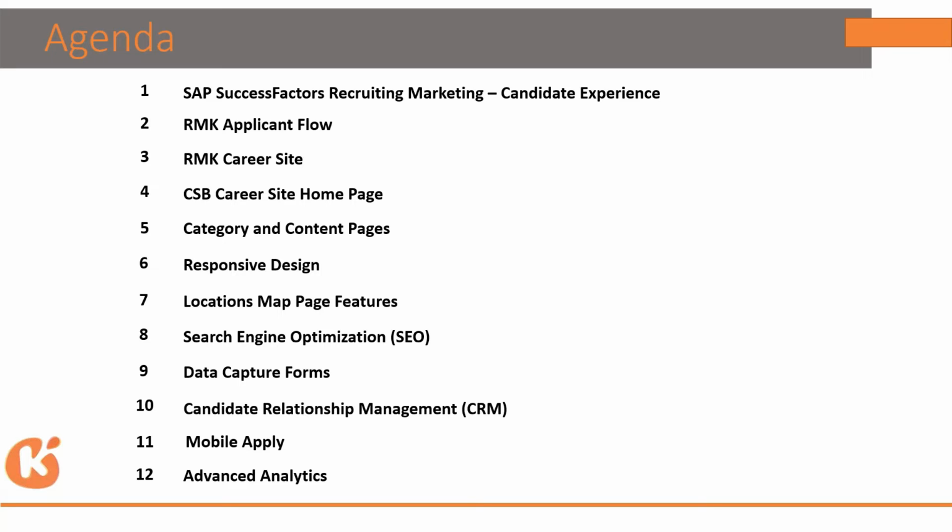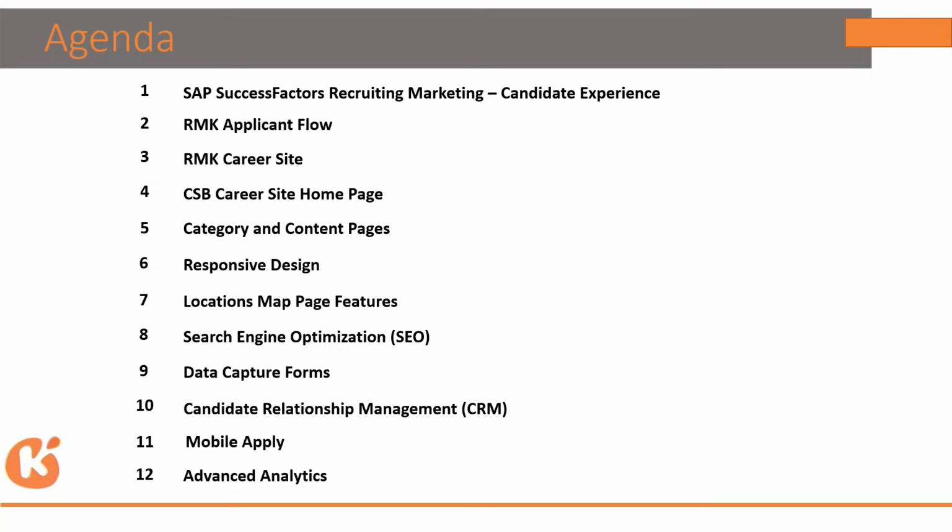We will also know the RMK applicant flow, the RMK career site, then the CSB career site homepage, that is Career Site Builder, career site homepage, category and content pages, responsive design, location map page features, search engine optimization, which is called SEO, data capture forms, candidate relationship management.